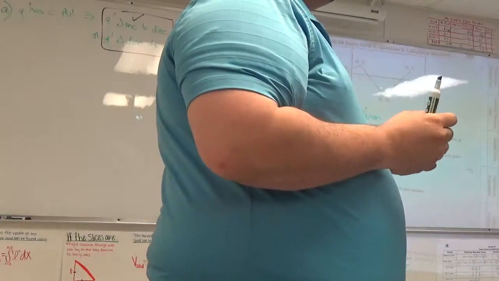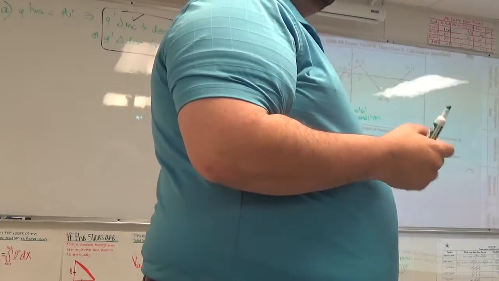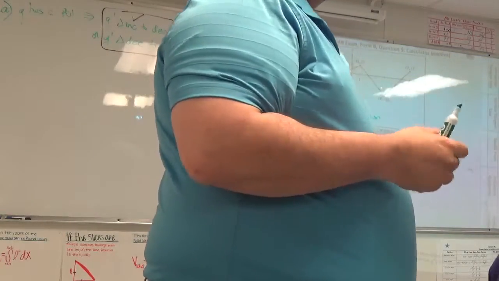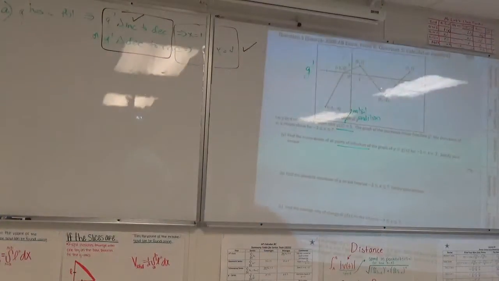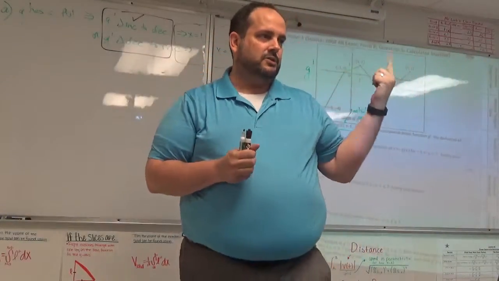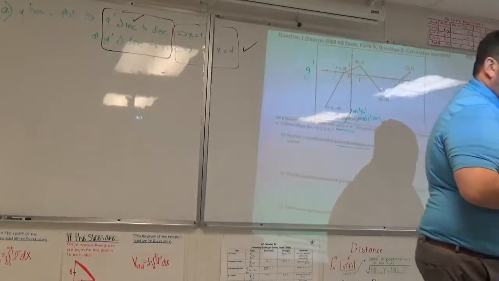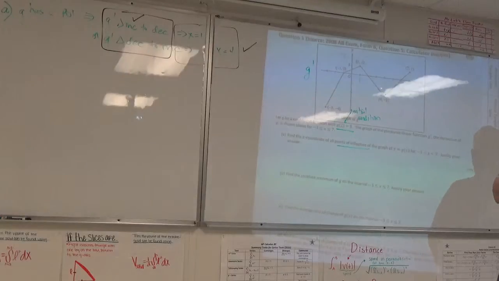Find the absolute maximum of G on the interval. There's two flavors of max, and it's been a while. One flavor, relative max. Another word that they use for relative max up here? There was relative max, and then they also used the phrase, begins with an L. Local.